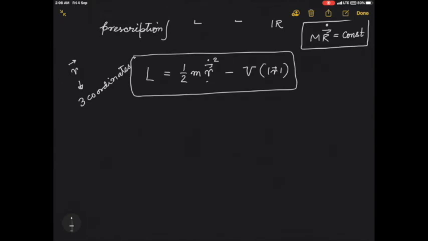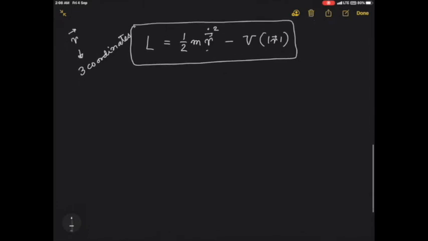So this will only change the vector r as some constant times time. So we are looking at the rest of the Lagrangian. There is a part which depends on m capital R dot, which we are not interested in right now or any further. So this is the remaining interesting part.